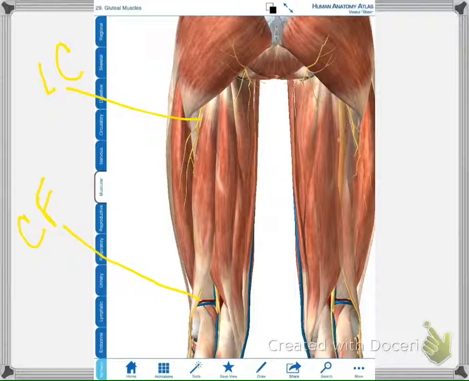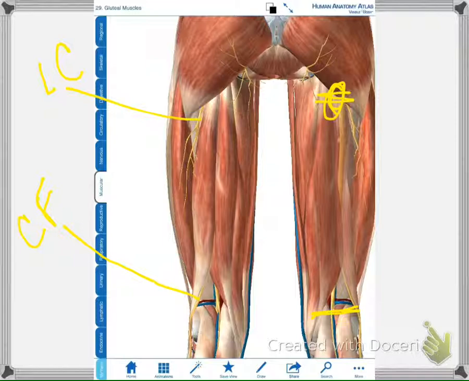The sciatic nerve is going to divide into the common fibular nerve and the tibial nerve somewhere between the gluteal region and our popliteal fossa. So it will divide anywhere along that length, and sometimes it has already made its division up in this region.